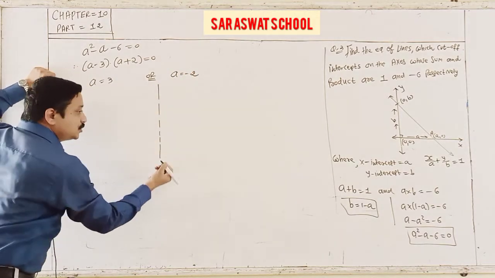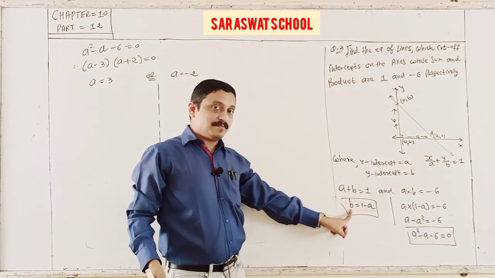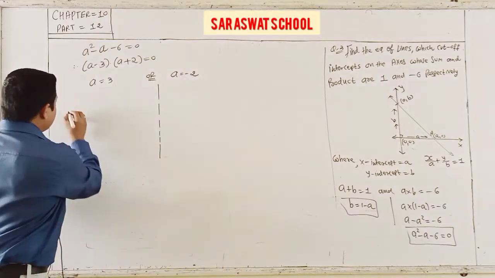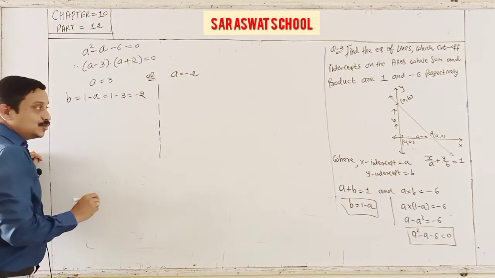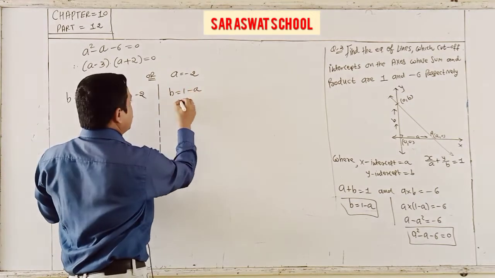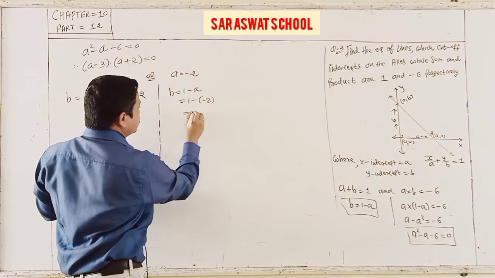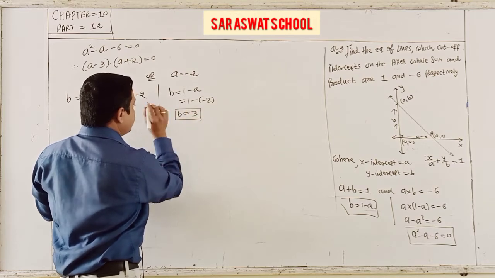Now students, you also derive the b value. So what's my b? 1 minus a, where a is minus 2. Same here, 1 minus a, it is 3. That is your b.